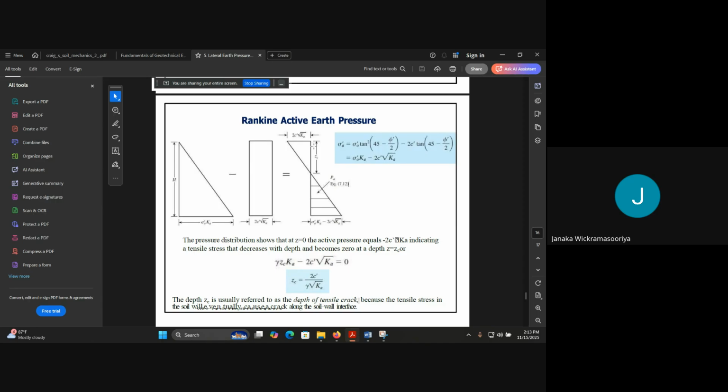So what we do is we can find the ZC, then we can apply a surcharge, or we can have some cohesionless soils, something like granular soil without cohesion, right? Okay, now this is how we can find the depth of tensile crack. You will need this one, so it is better if you can write.